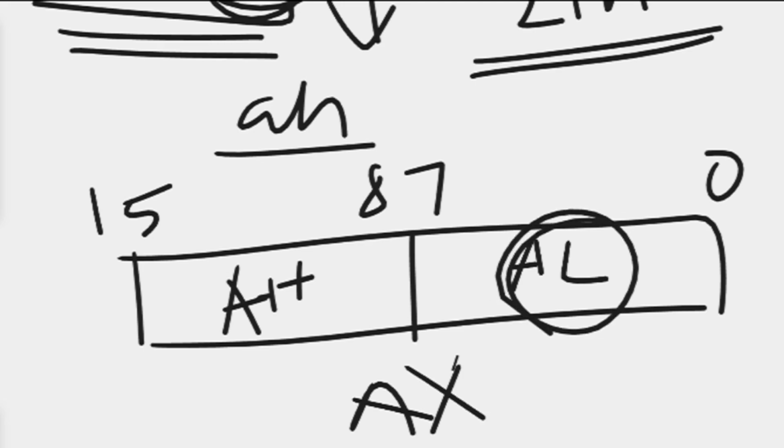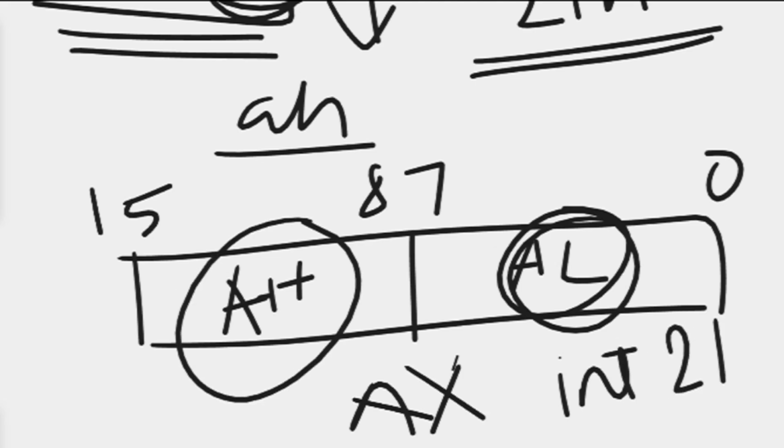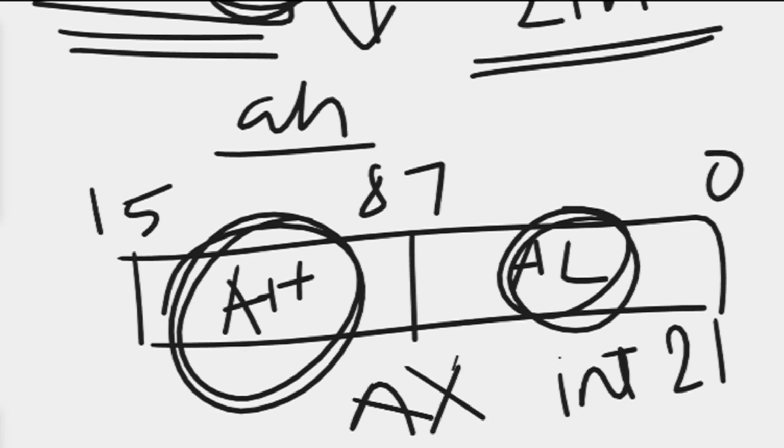We used AL as an intermediate value holder in our program. And the interrupt 21H looks at AH to see which service to be provided. So basically interrupt 21H stops the execution of the DOS and then looks at the register AH. Based on the value that AH holds, the service will be provided.